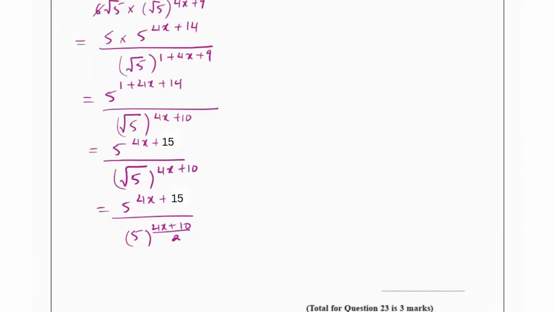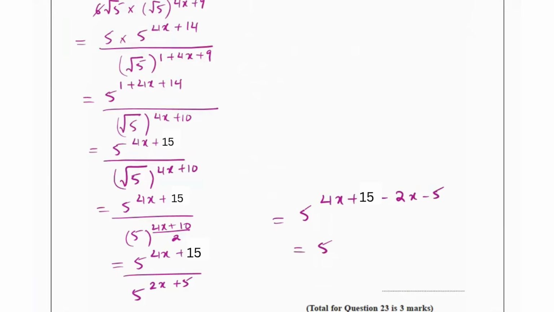So 4x plus 10 divided by 2 is 2x plus 5. Now similar bases are being divided, so we subtract the powers. 4x plus 14 minus 2x minus 5. That's going to be 5 to the power of 2x plus 9. So w equals 2x plus 9.